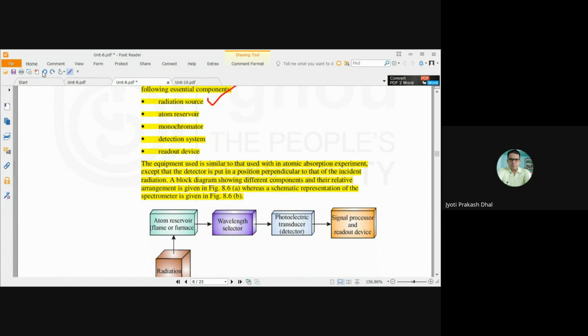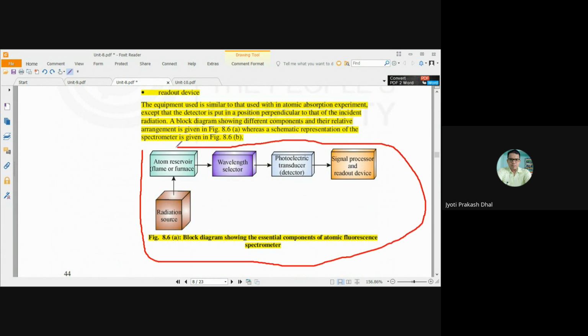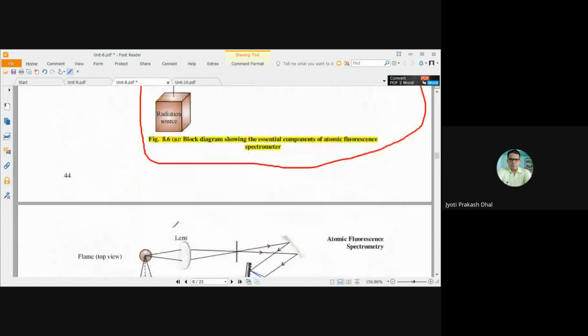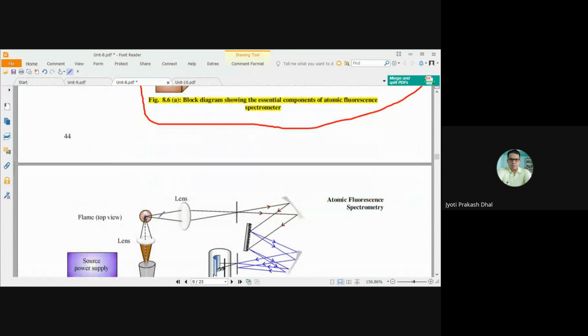A block diagram showing the different components and their relative arrangement is shown in figure 8.6a. So in 8.6a, the different parts of the atomic fluorescence spectrometer are given, and similarly in 8.6b, the schematic representation of a spectrometer. So this is the block diagram of the different parts of the atomic fluorescence spectrophotometer.